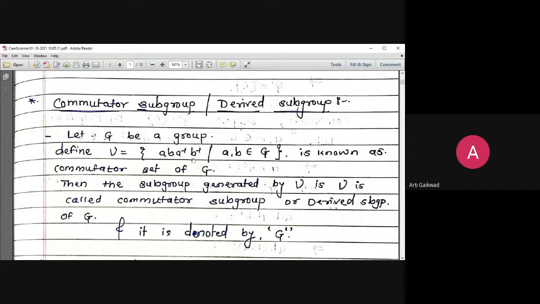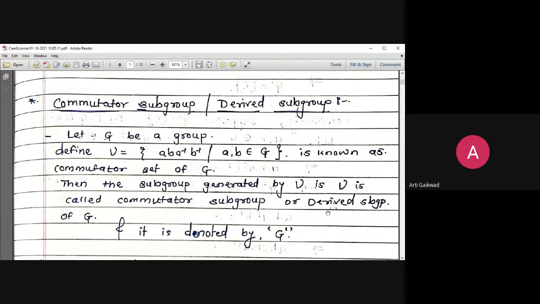If they give you the commutator set, then any element from the commutator set is in the form a b a inverse b inverse. This is known as the commutator set of G. Then the subgroup generated by U is called the commutator subgroup or derived subgroup.